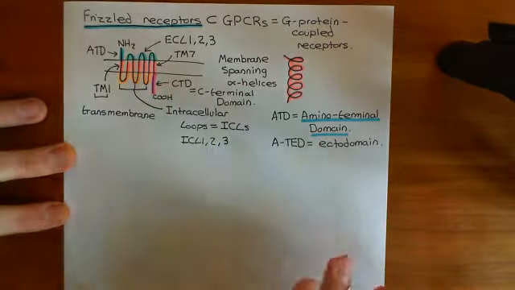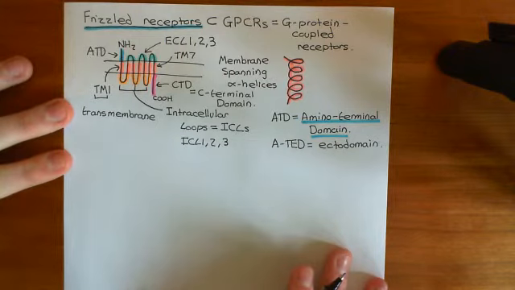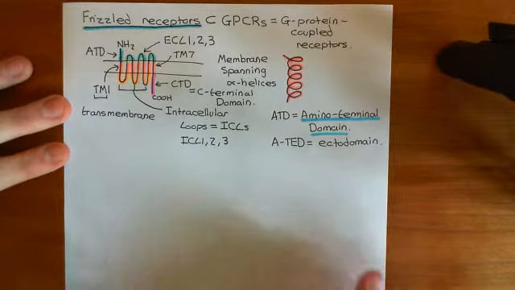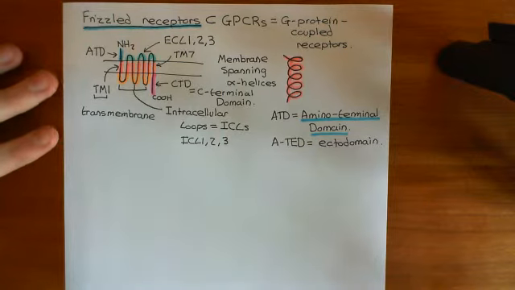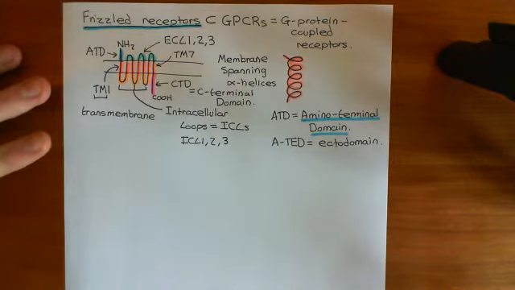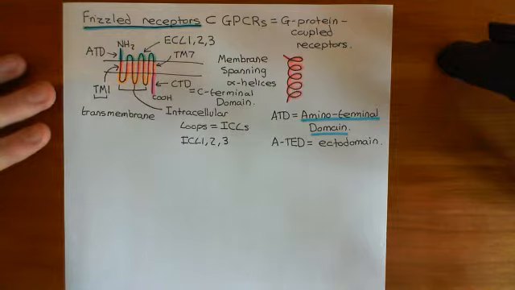Now what I want to do is discuss the different families of G-protein coupled receptors, because there are over 800 G-protein coupled receptors in humans alone. To give us some sort of handling of these over 800 different receptors, we group them into families. So I'd like to discuss the grouping of G-protein coupled receptors into families.